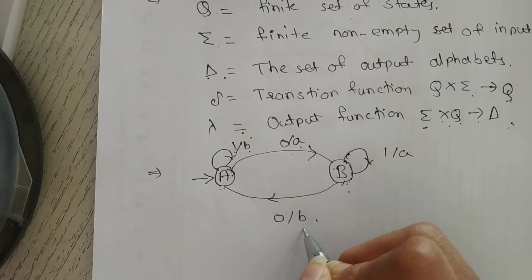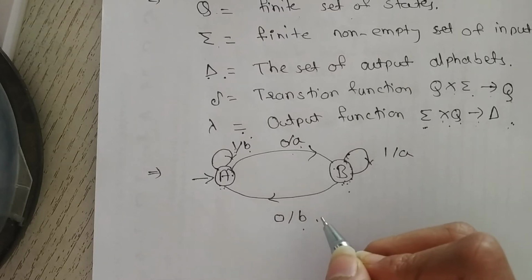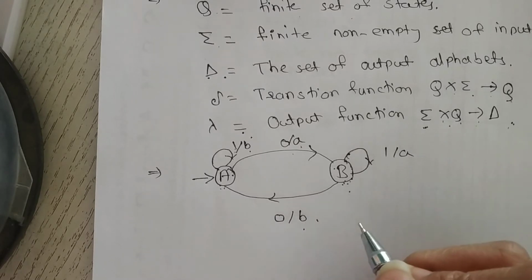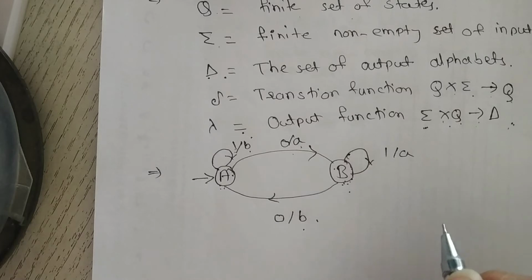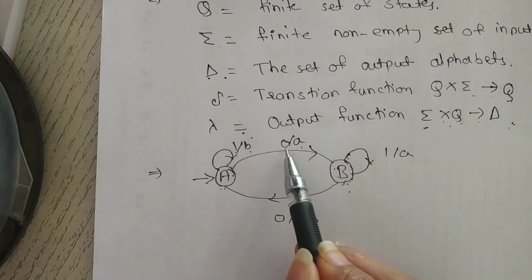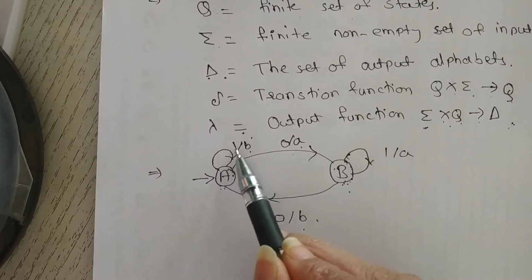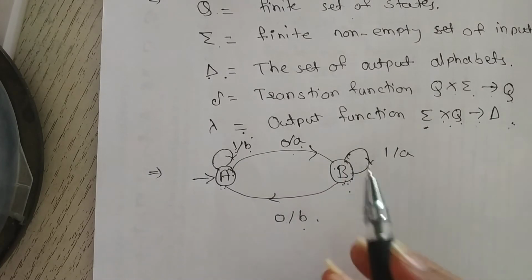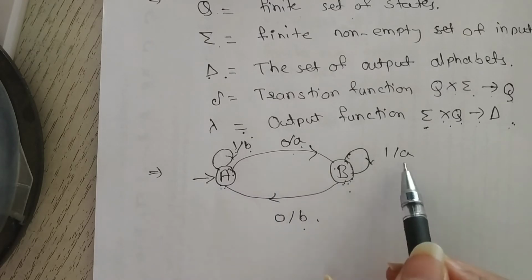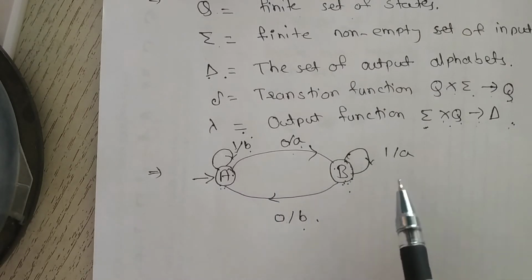Correct? So we see that there are outputs associated with each input and the kind of state they are present in. All inputs are present here, and all outputs produced by the state are also present here. This means where it goes to, and with which output, for which inputs. Correct?